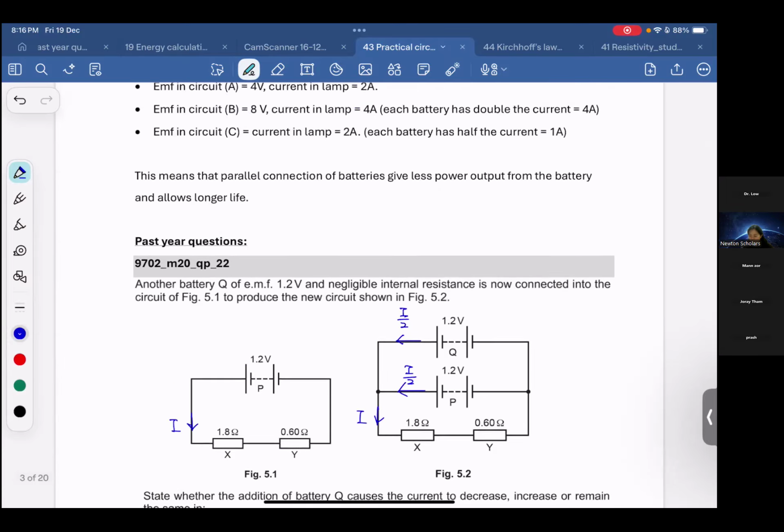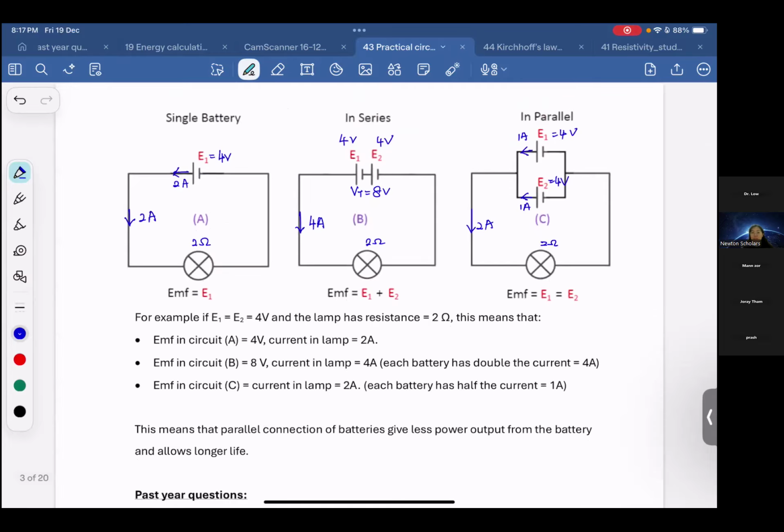So this question is actually the same as this example. The battery here only needs to provide 1 ampere. So the current has decreased from 2 ampere to only 1 ampere.